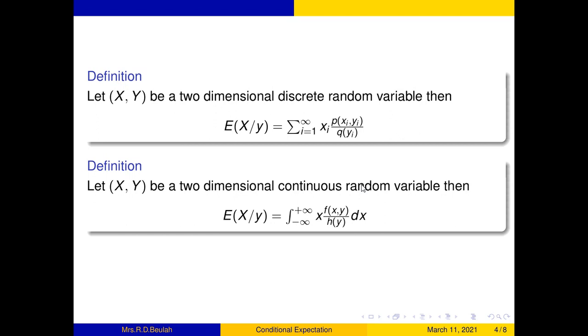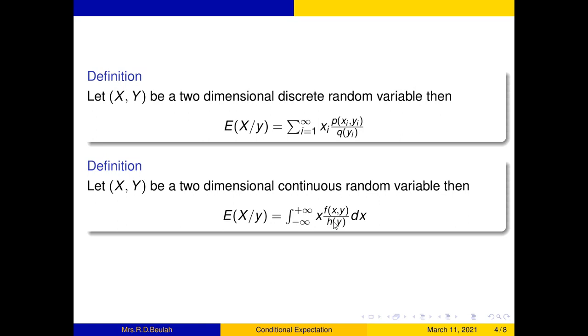Then E of X by y is equal to summation i equal to 1 to infinity of xi into p of xi comma yi divided by q of yi. For a two-dimensional continuous random variable, we have E of X by y is equal to the integral from minus infinity to plus infinity of x into f of x comma y divided by h of y into dx.